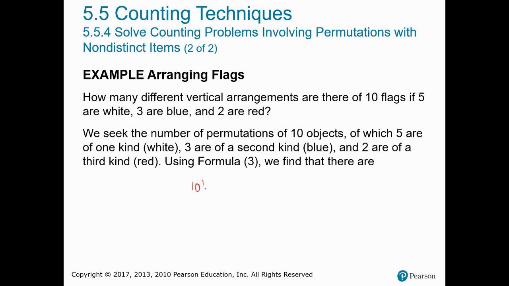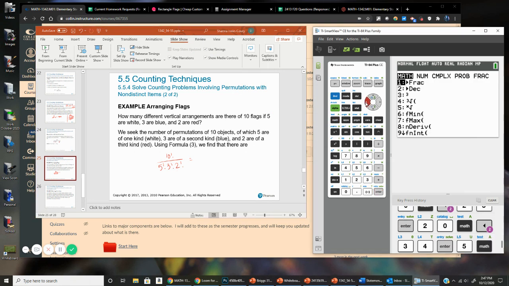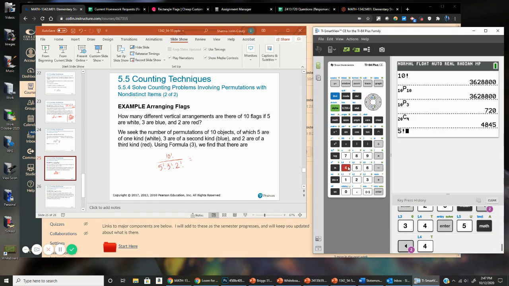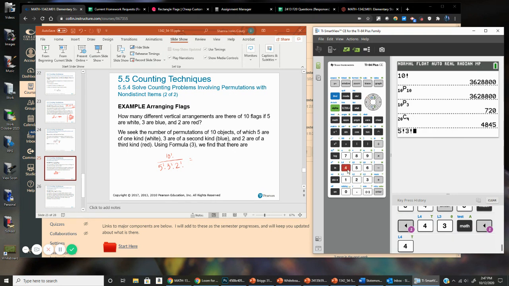So 10 factorial over 5 factorial, 3 factorial, 2 factorial. And these, of course, add up to 10. If they didn't, we'd be in trouble. This one actually might be faster to do by hand if you had been practicing that, but 5 factorial, 3 factorial, 2 factorial.